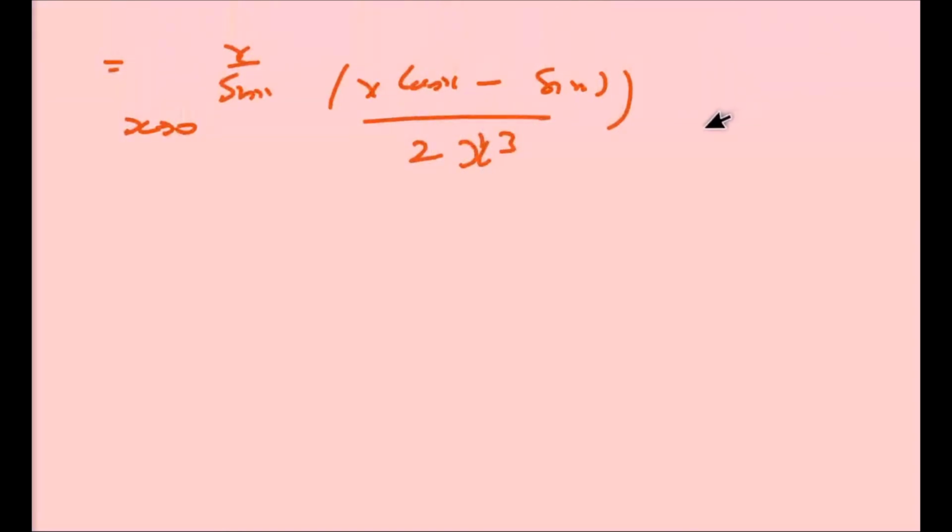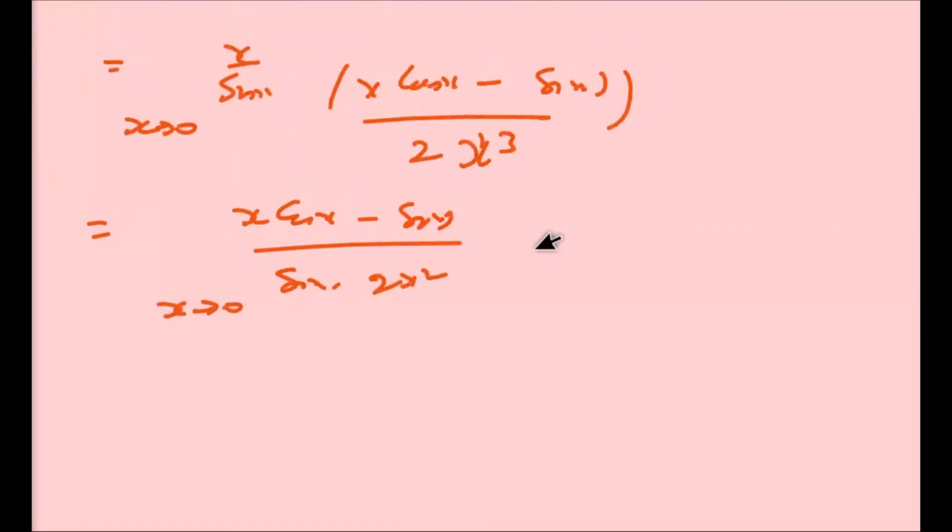Now we can write again here x cos x minus sin x upon sin x into 2x square, x tends towards 0. Now it is 0 upon 0 form, so again we can calculate it.